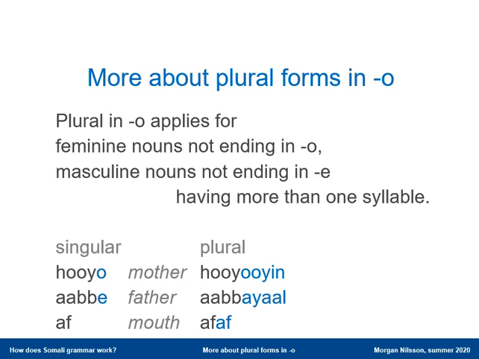And therefore it forms the plural through reduplication, repetition of the last part of the word, the last consonant, and the vowel a is inserted as well. So we get afaf as the plural form.